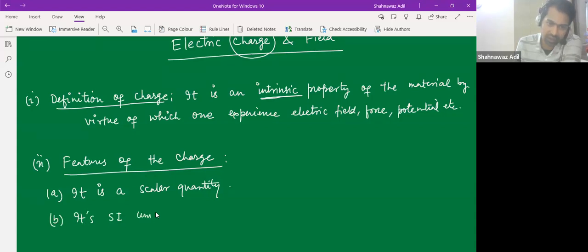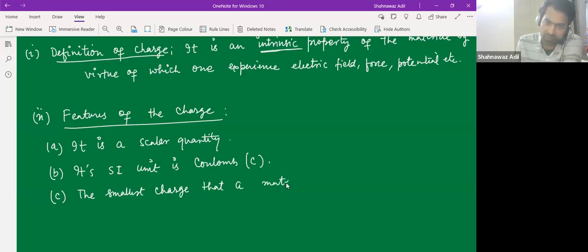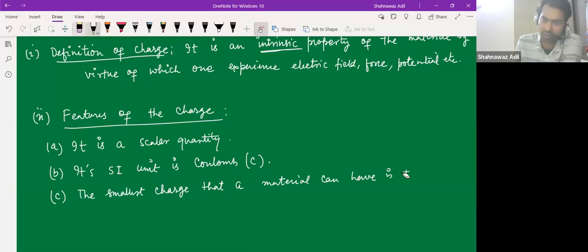its SI unit is coulomb, right? And then, the smallest charge that a material can have is 1e, where e is the charge on one electron.